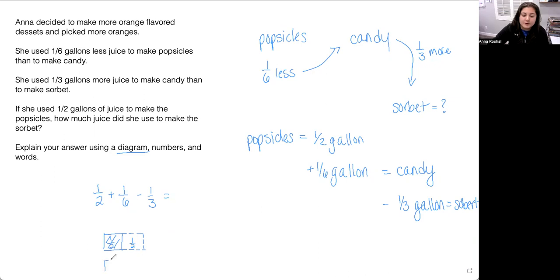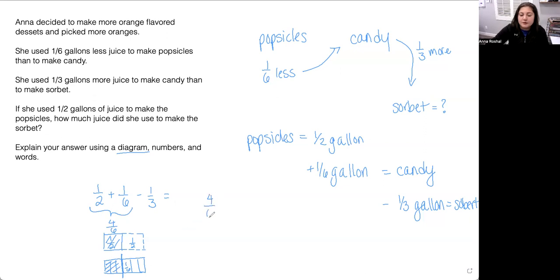We are going to then add to this 1/2, 1/6. Just this 1/6, right? And then from the total that we end up having, which will likely be 4/6, right? Because we can tell that this is 1/2, so that's the same exact piece, right? So we're just going to add that 1/6. So this 1/2 and this 1/2 is the same. So this is going to be 4/6. And that could be your diagram for that.